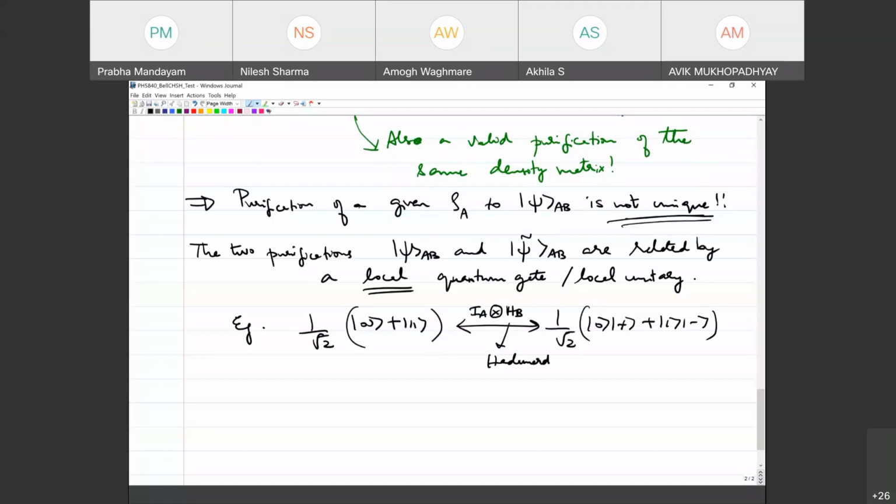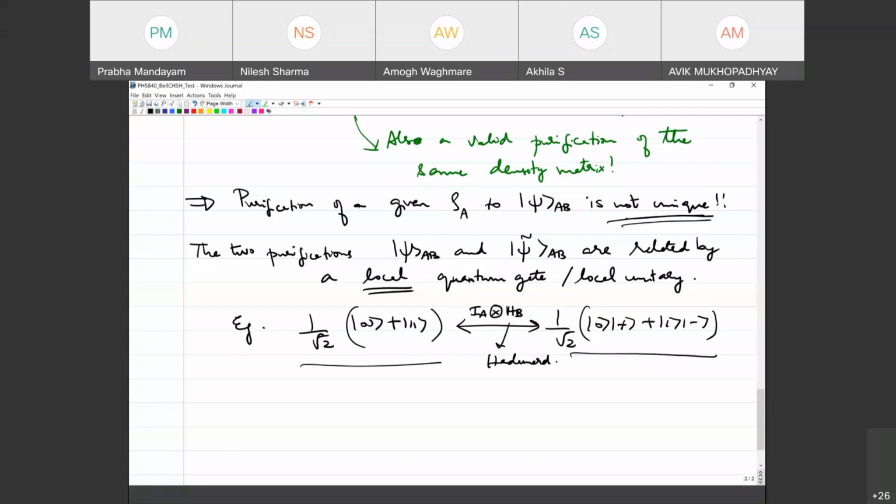So the first purification obviously is an entangled state, it's a Bell state. What about the second purification? Is that also an entangled state? One over root 2, 0 plus 1 minus. Is it an entangled state?